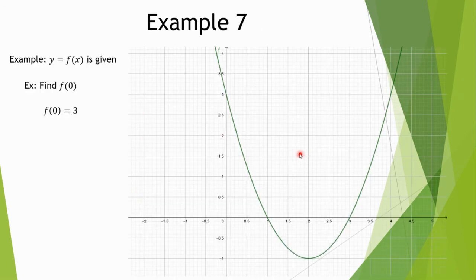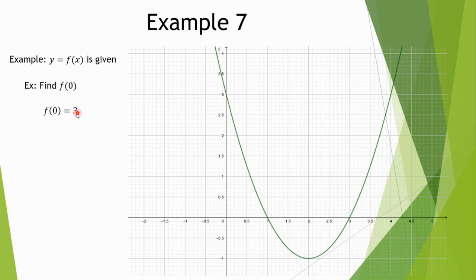So here's another example. Let's say this was the graph. What would f of 0 be? Well, f of 0 would be 3. Now, why is that? If we locate 0 on the x-axis, we move to the graph vertically, so we move up, and we can see that we hit 3 once we hit the graph.